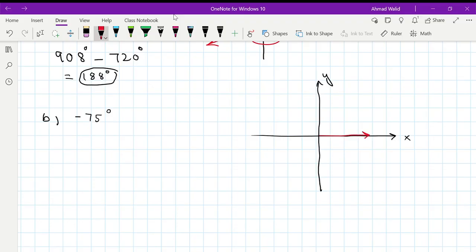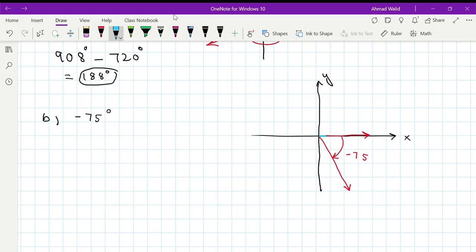Correct? But if you draw negative 75, actually negative 75 is here, right? Because you are going clockwise this time, this way. That will be your negative 75, because you are going clockwise. Correct?